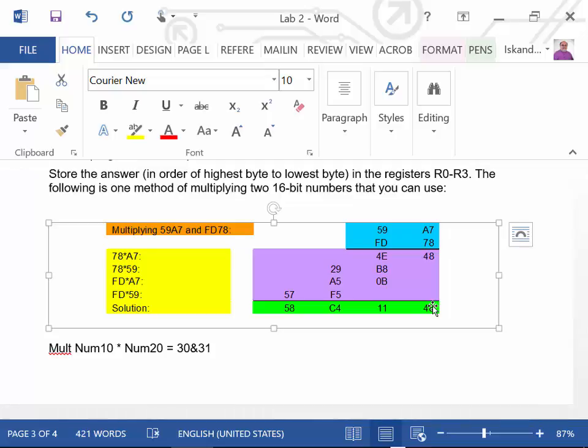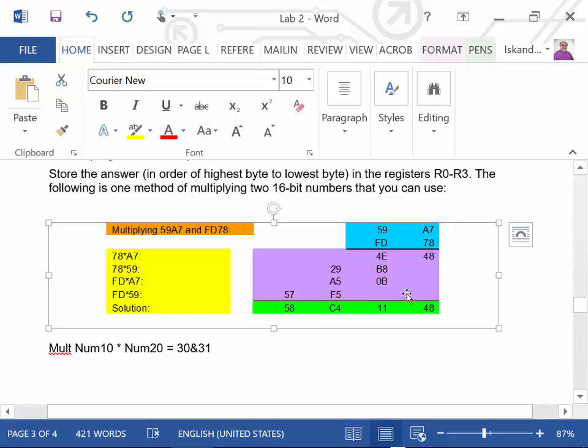So we're going to store these in order of R0 through R5. So this location right here, 48, can just be moved straight to R3. And this location can move straight to R0 right there.